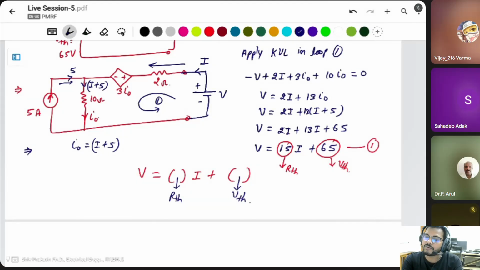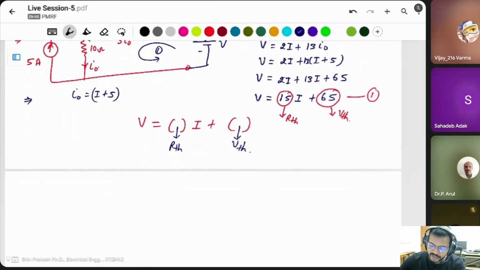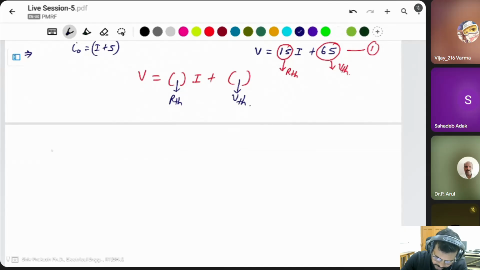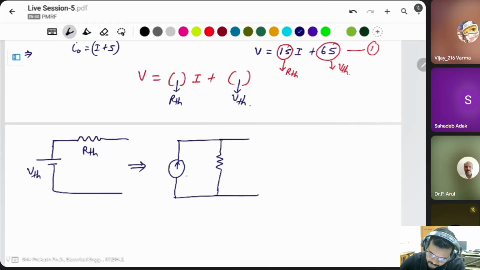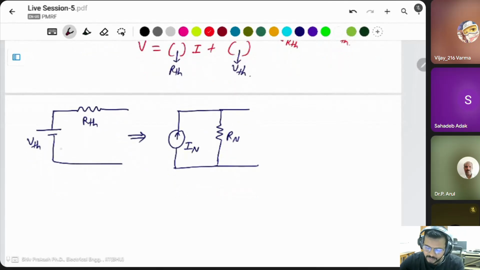Same thing. If you want to find the Norton, if you get the VTH and RTH Thevenin equivalent, suppose this is the Thevenin equivalent, VTH and RTH, you can convert this into Norton also, because this is a voltage source and Norton is a current source, IN and RN.